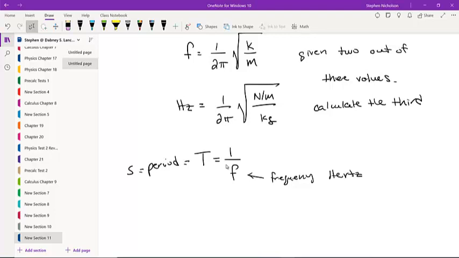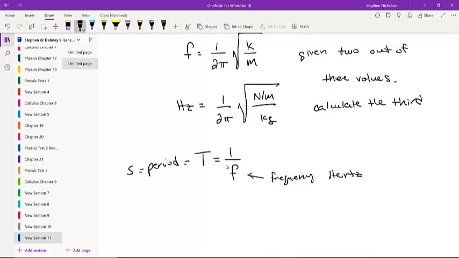I could tell you enough information to calculate the period. You know, it oscillates 10 times in 8 seconds. 10 times in 8 seconds would be 0.8 of a second per oscillation. And then you can find the frequency, and then if you have the frequency and one of these other 2 things, you can calculate the third thing.